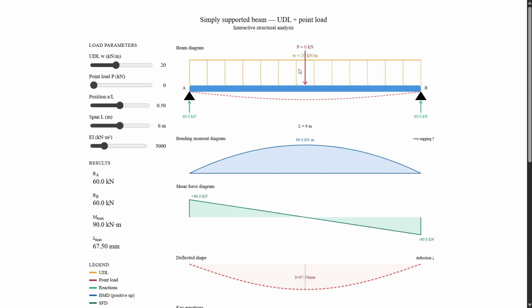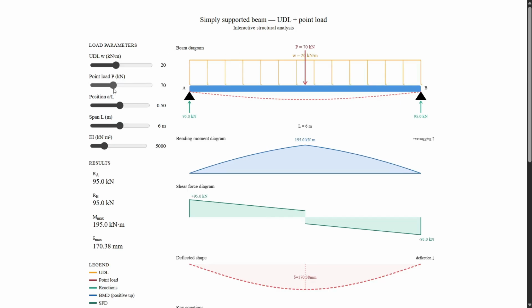So now watch what happens when I add the point load. See that kink? That's the signature of the concentrated load. It introduces a sudden change in slope because the shear force jumps at that point. The number at the peak is Mmax, in kilonewton meter, and this is the critical value in beam design.